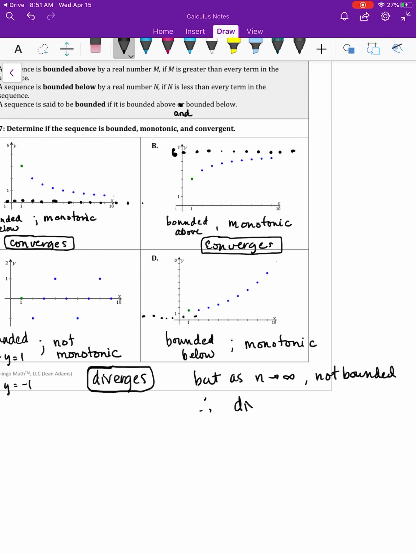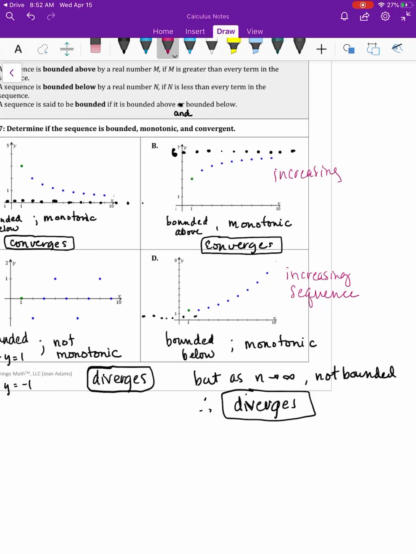But as n goes to infinity, it is not bounded. So therefore, diverges. And, you know, if you were thinking about what kind of sequences these are, you would say, well, this one is an increasing sequence.